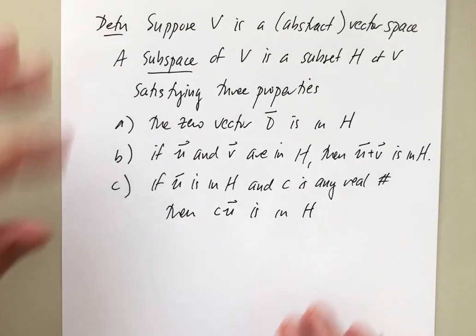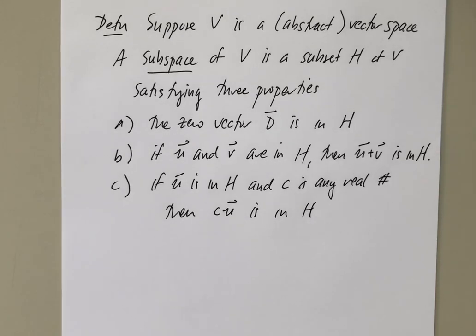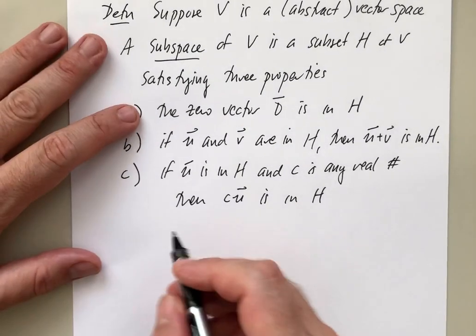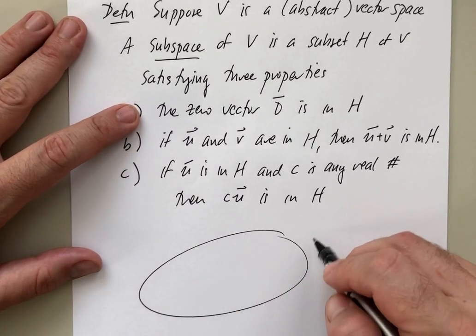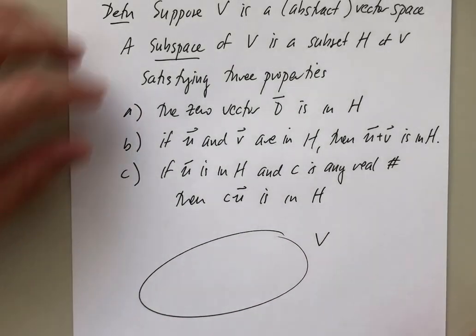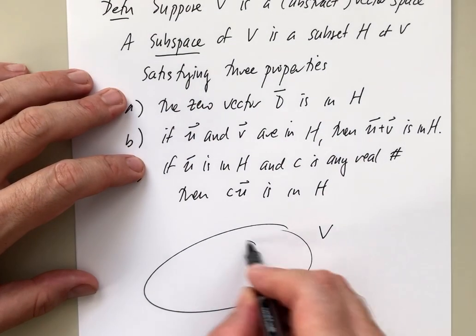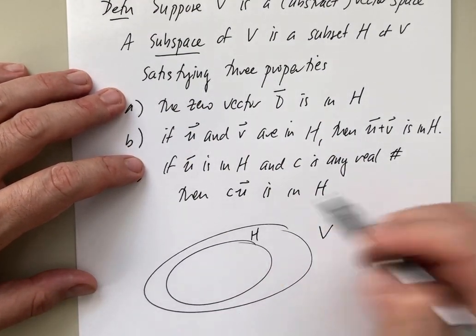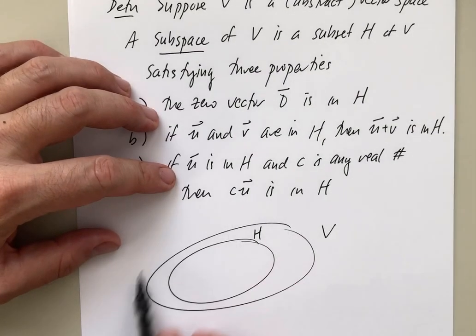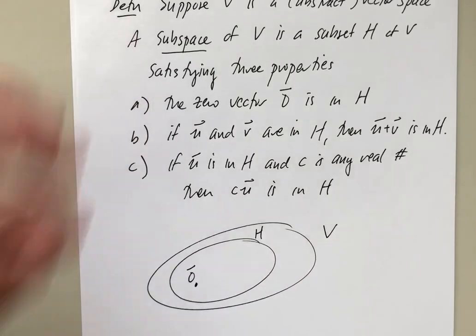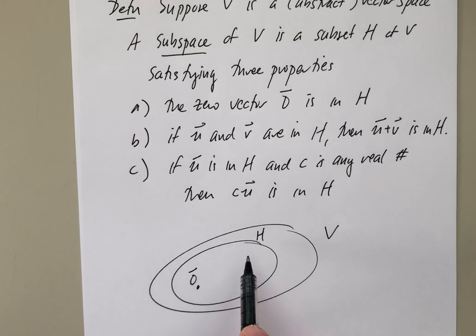Okay, so before I do an example, let me try to draw a hopefully helpful cartoon of this. The way I think about this is that here's V, the world that we live in, the kind of ambient world, and then H is going to be this sub-collection of things. Now remember, V has the 0 vector, and we want to insist that the 0 vector is in H, okay?